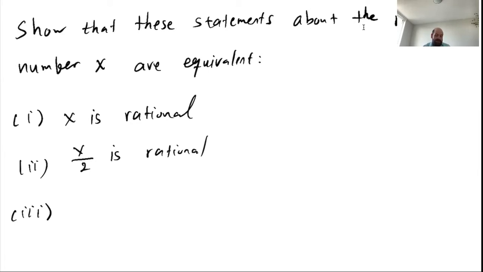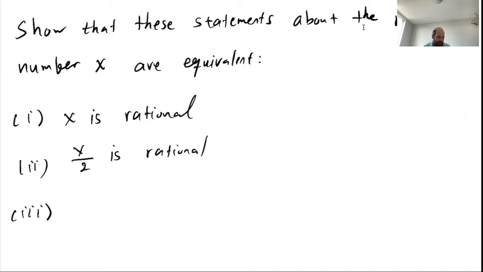And I want to show that x over 2 is rational. But again, I have to look at the definition of rational, right? So the most important thing that you have to remember in all proofs is that you have to always apply the definitions. So if x is rational, what can I say about x according to a definition of rational numbers?